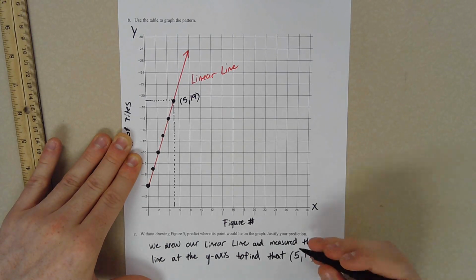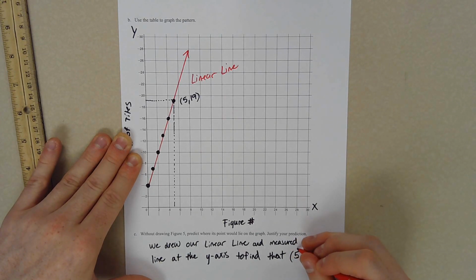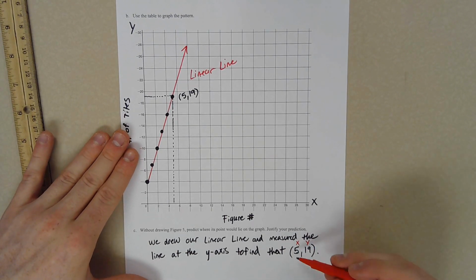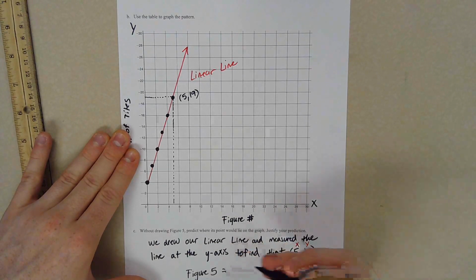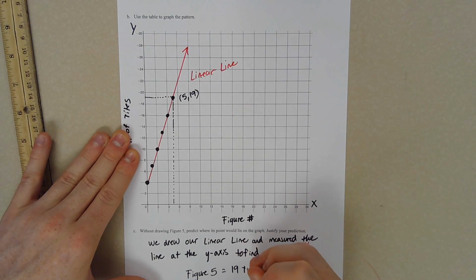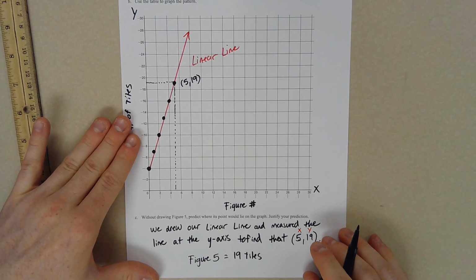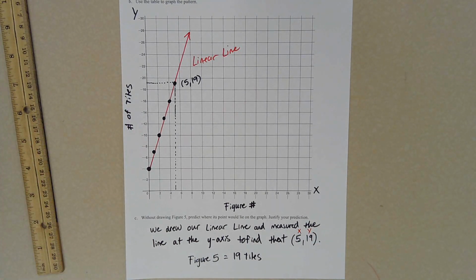And I wrote it as an ordered pair right there. Remember, in ordered pair form, x goes first, then y. X in this case would be figure 5 would have 19 tiles. So I might write that down as well. Equals 19 tiles. That relates to the context, guys. Now, that concludes our lesson for the day.